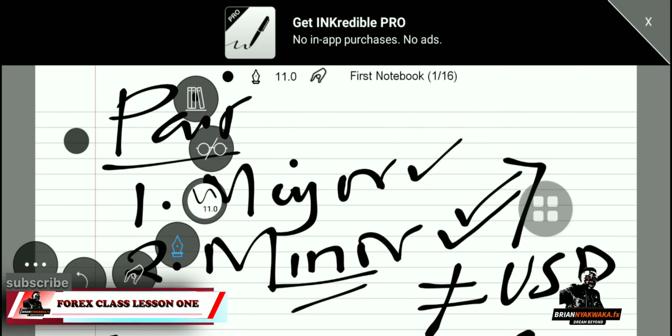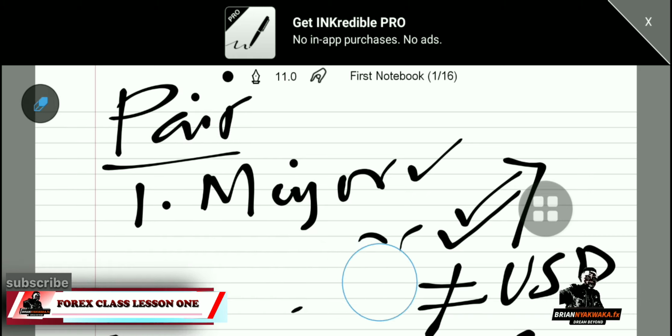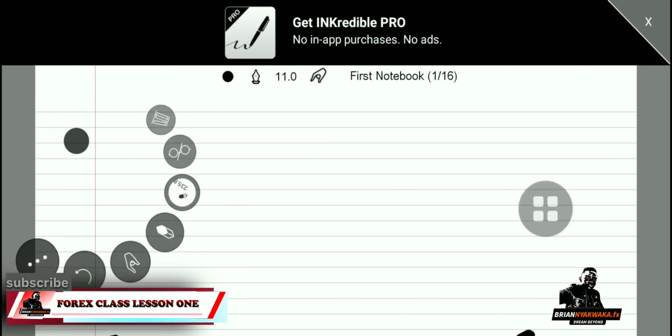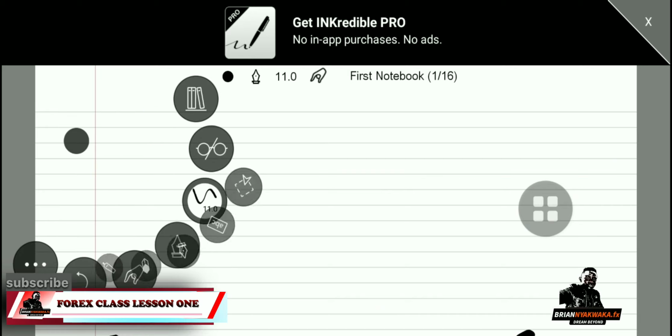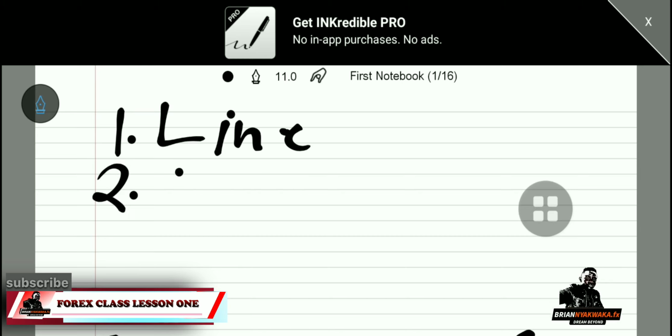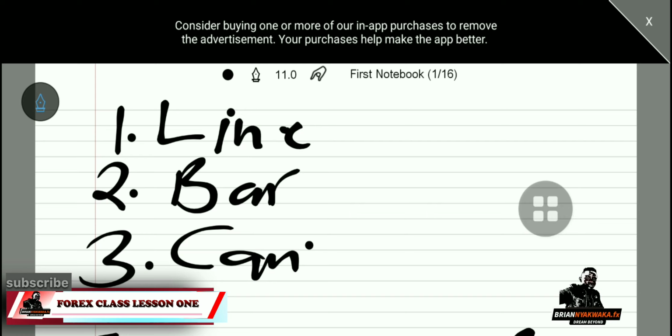So we have three different types of charts in the market that portray what buyers and sellers are doing in the financial market. One, we have line chart. Two, we have bar chart, and finally we have candlestick chart.